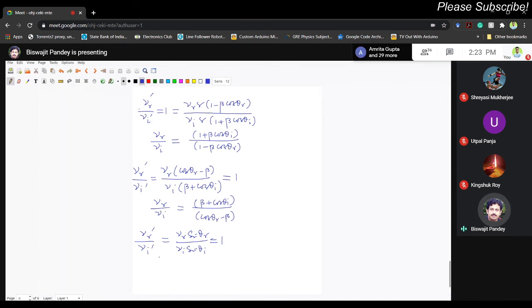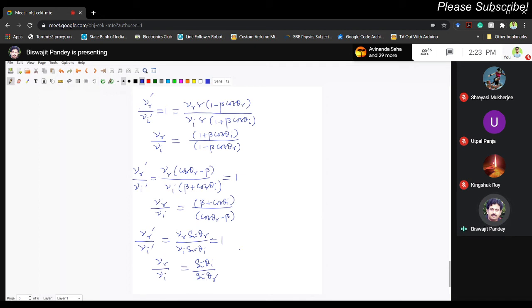And this is telling you that nu r by nu I should be equal to sine theta I by sine theta r, right? But remember, we have to finally calculate nu r in terms of nu I and the velocity, not in terms of theta I and theta r, because the inputs are theta I and nu I, not theta r. Although we are getting nu r in terms of nu I, since there are theta I and theta r, we have to simplify it further.